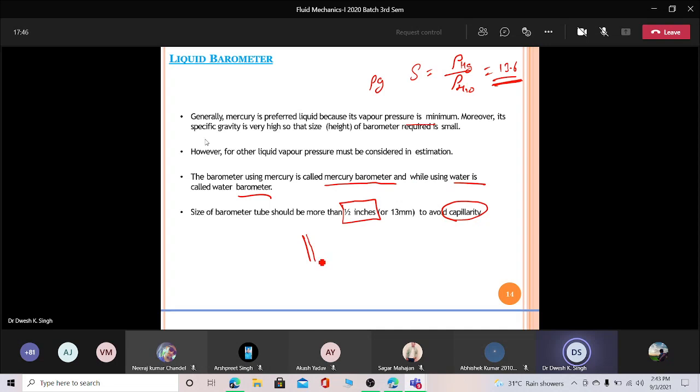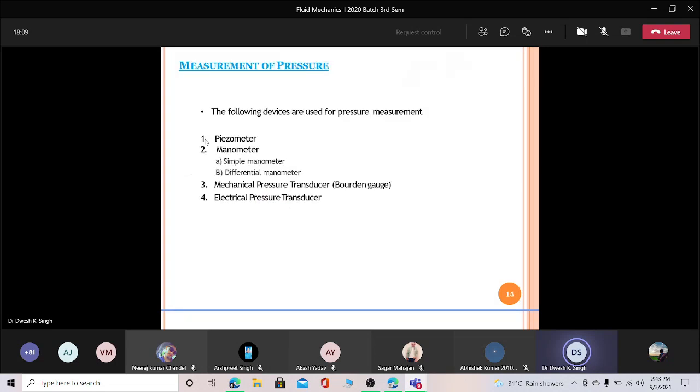Due to capillarity, the fluid will rise, and this will not give you the correct pressure reading. So we have to check that the diameter is greater than the amount which will not produce capillary action. Mostly it is considered 13 to 15 mm; in this range capillary action will not work. So these are the concepts of how the liquid barometer works.